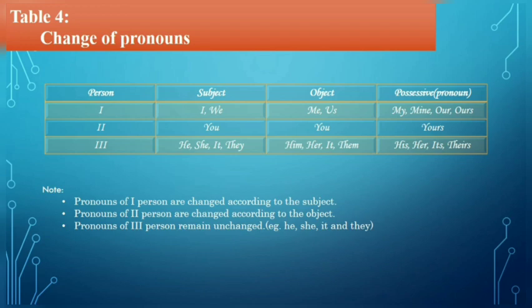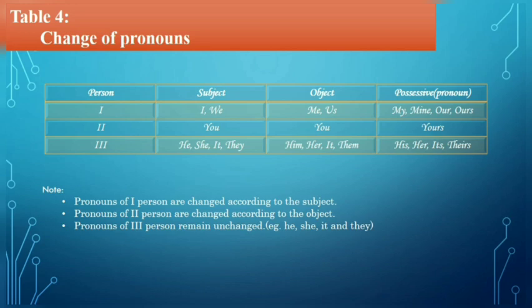Object: you, singular and plural both you only. And yours possessive pronoun, yours, singular and plural same. Third person: he, she, it singular subject; they plural. Object pronouns: him, her, it singular; them plural. Possessive pronouns: his, her, its are singular; theirs is plural.